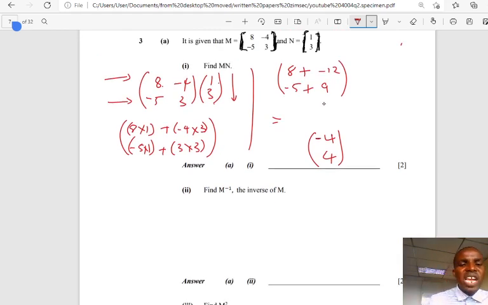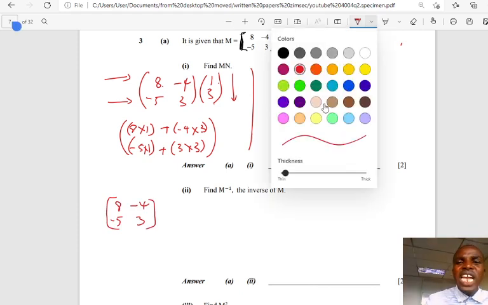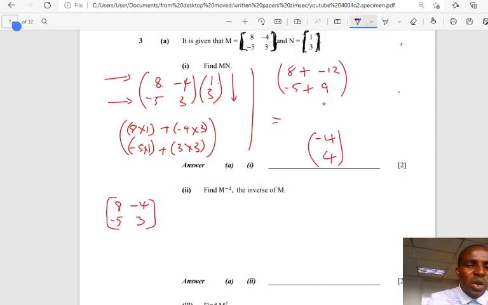So determinant of M, let me rewrite matrix M here, is 8 minus 4 minus 5, 3. Like this. So you say leading diagonal minus other diagonal. Leading diagonal is 8 and 3. So you say determinant of M, usually written as determinant of M, it can be like this.